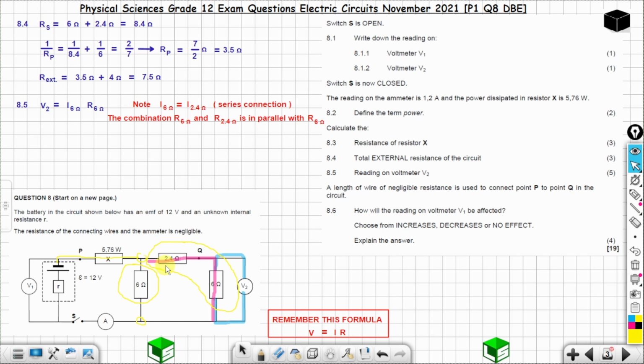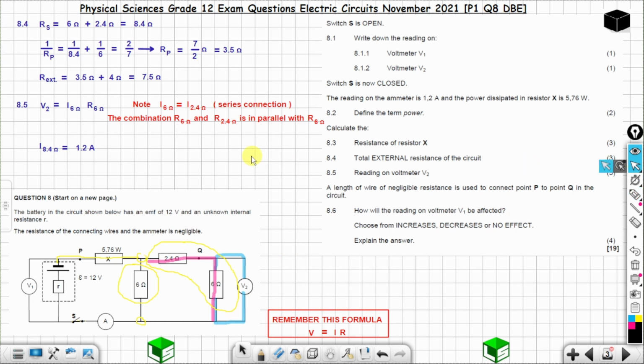So to find the current flowing on this branch, you have the total current: a total of 1.2 amperes going into the parallel circuit when the switch is closed.